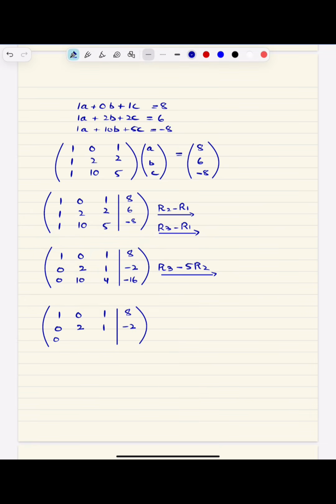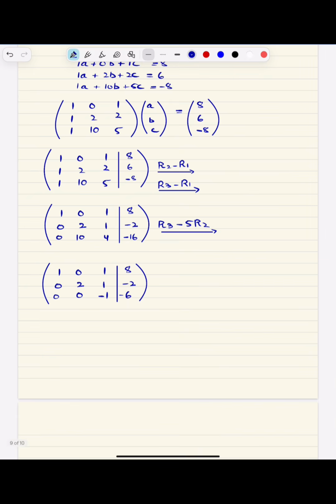This is 2, 0 is 0. Then 4 minus 5 is minus 1. Then minus 16 plus 5 2s are 10 will be minus 6, because 16 is greater. Okay, so now we can just work backwards.